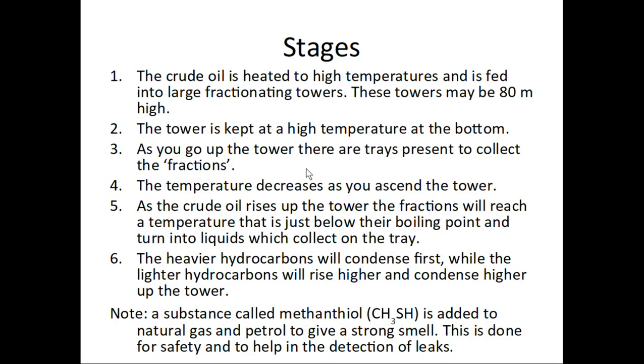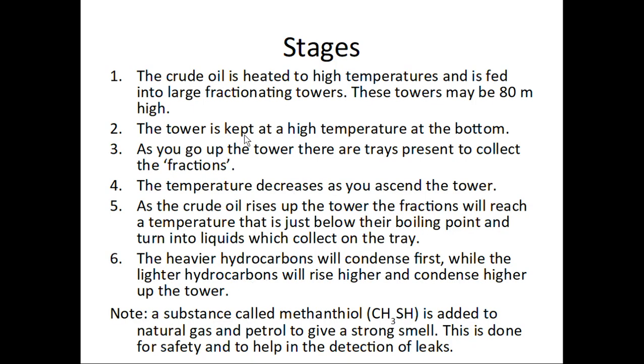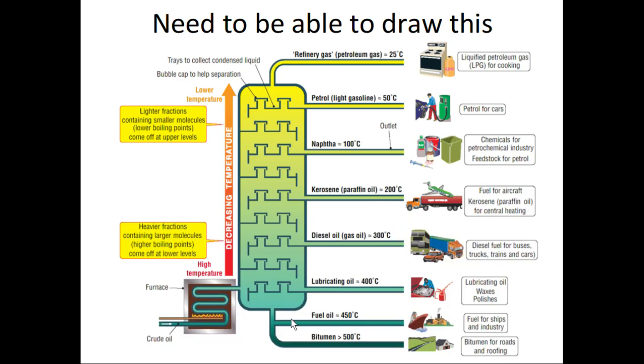So step one here is that the crude oil is heated to high temperatures and fed into the fractionating tower or the fractionating column. So again, we have the furnace down here at a very high temperature, and that's going to vaporize the crude oil. And it's then passed into the fractionating column. Step two is the tower is kept at high temperatures at the bottom. So again, it's down nearer the furnace.